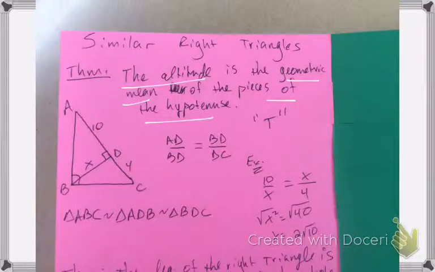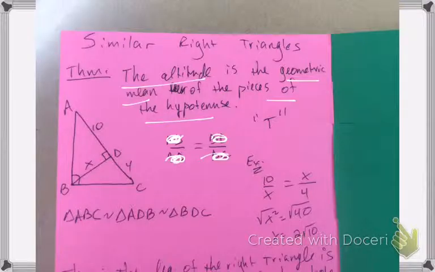If we draw a big right triangle and draw an altitude through it, then we know the altitude is the geometric mean of the pieces of the hypotenuse. What does that mean? That means the theorem says I can set up a proportion to help find a geometric mean.